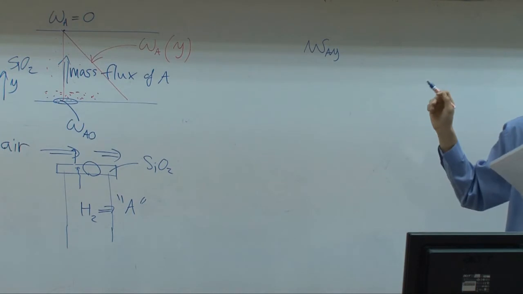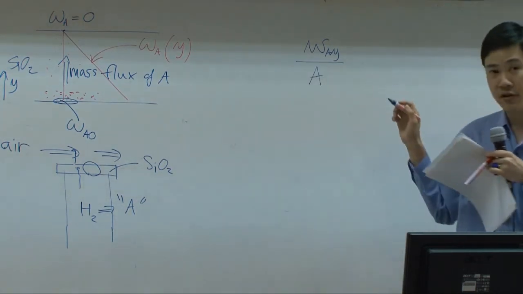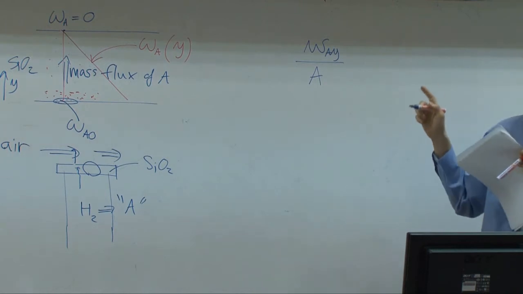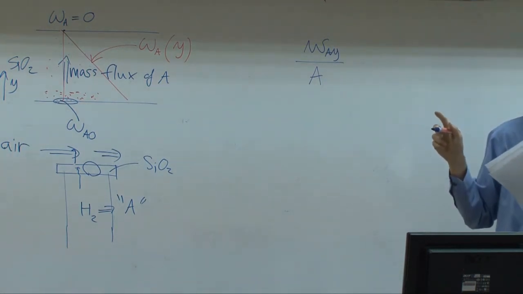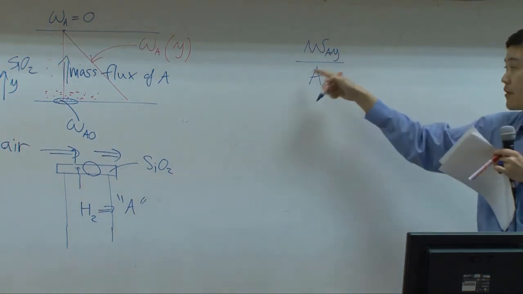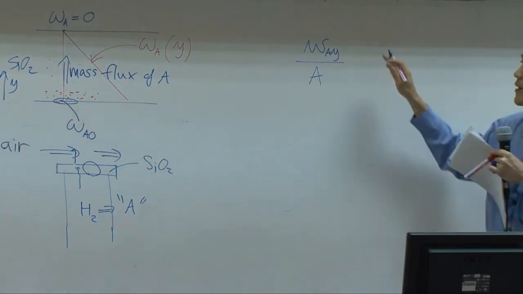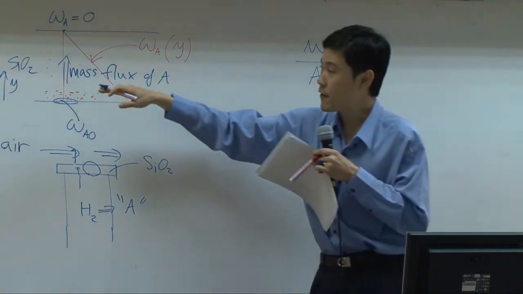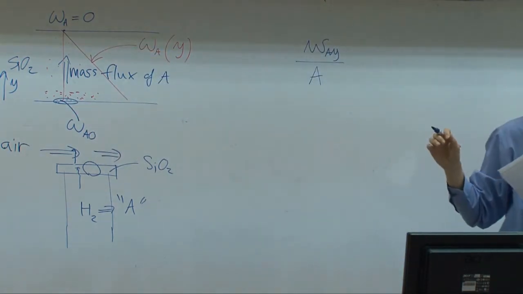If you take mass flow rate divided by cross-section area, what you have would be a mass flux, right? It's a mass flow rate, that's mass per unit time, per unit area, that becomes mass flux. The mass flux of A from the bottom portion to the top portion depends on what?